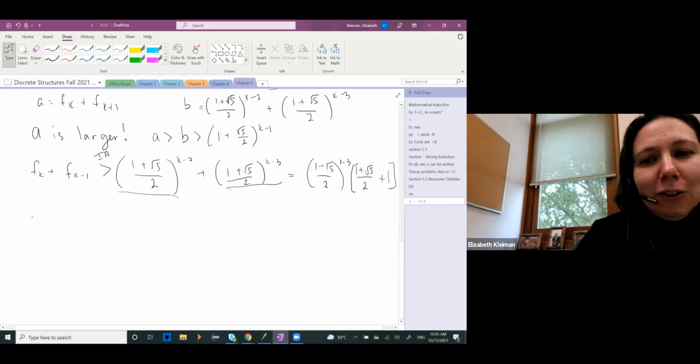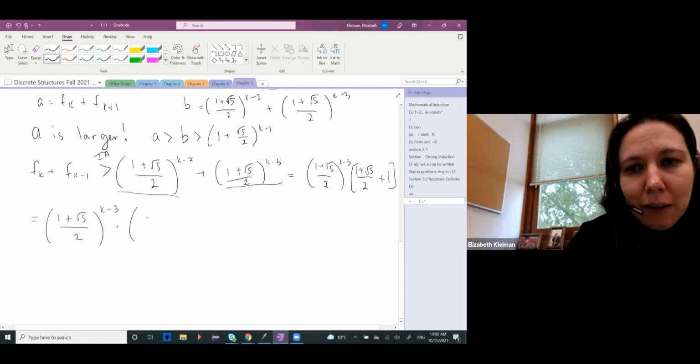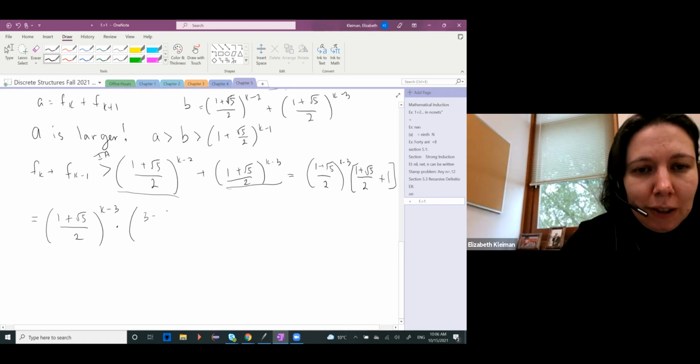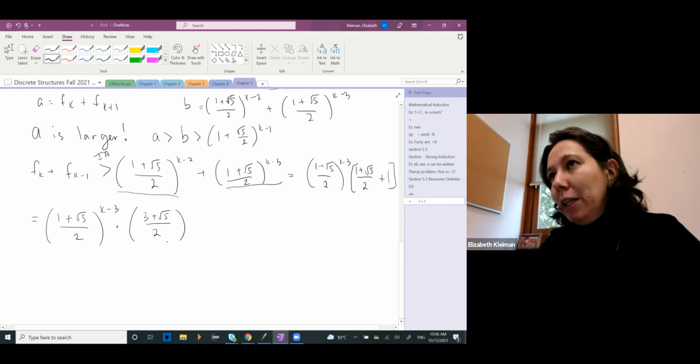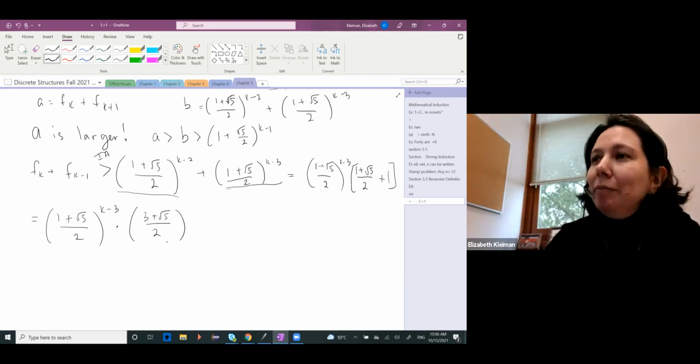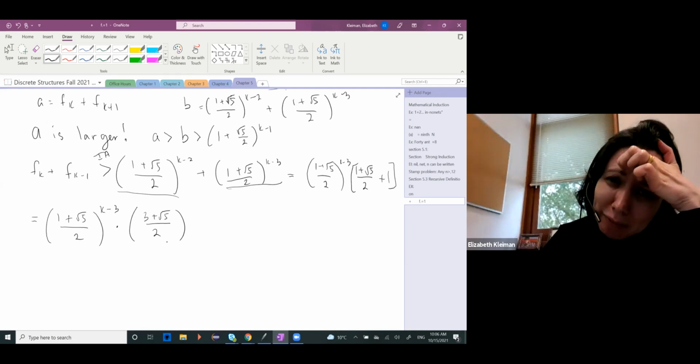Now let's do it. Let's just do (1 plus square root of 5 over 2)^(k-3) multiplied by (3 plus square root of 5) over 2. I just did math, common denominator, and I added it up together. Okay, that doesn't really look like what I want.